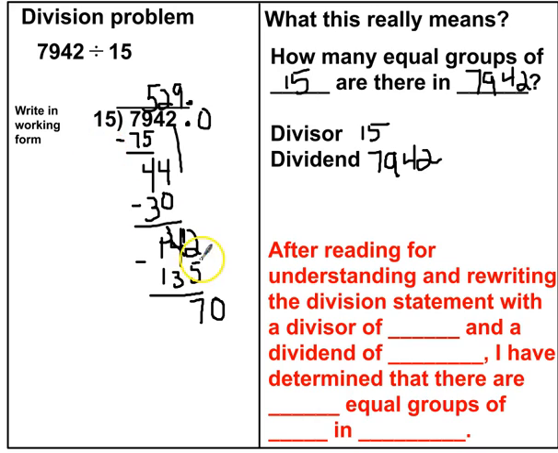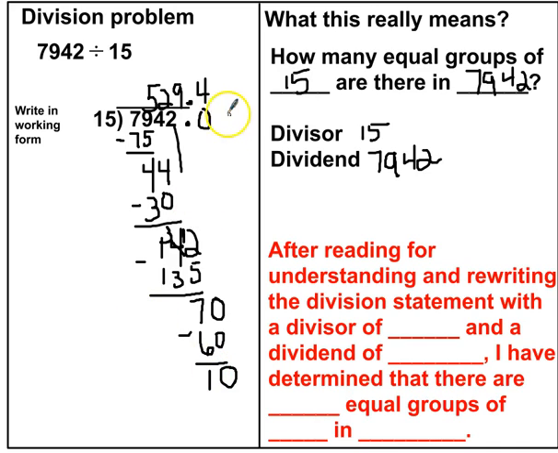And 15 is going to go into 70 4 times. 4 times 15 is 60. Subtract. This is 0. 7 subtract 6 is 1.